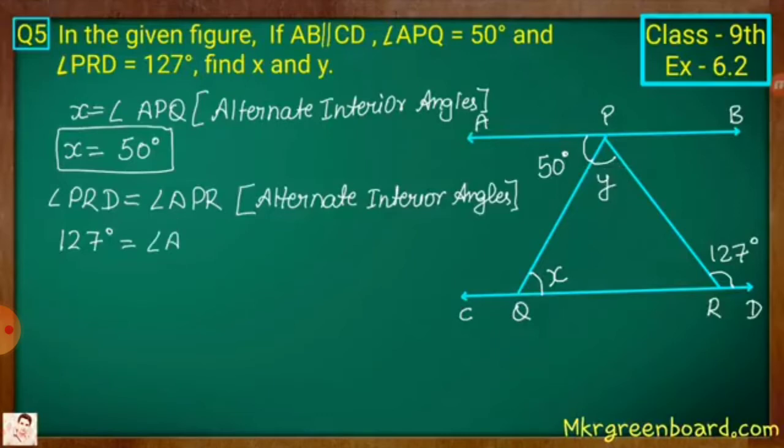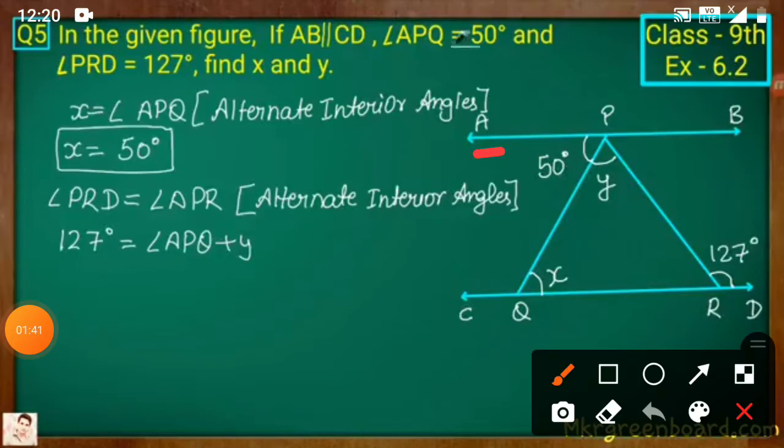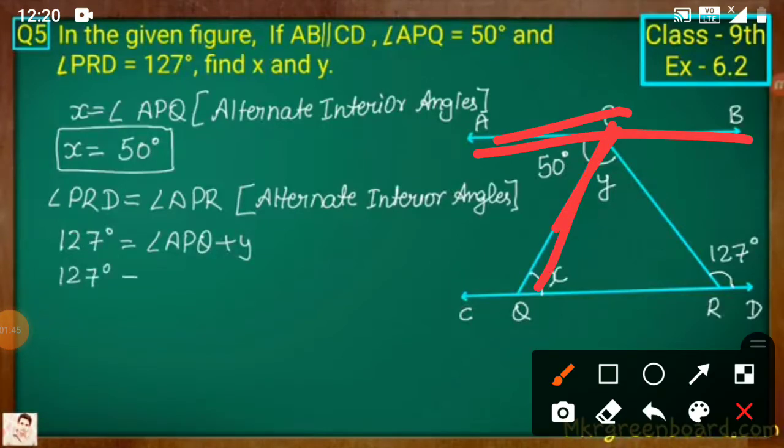APR is the same as APQ because of alternate interior angles, plus Y. This is a linear pair of angles. So APQ plus Y; we know APQ is 50 degrees.